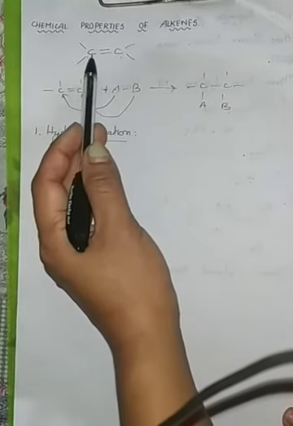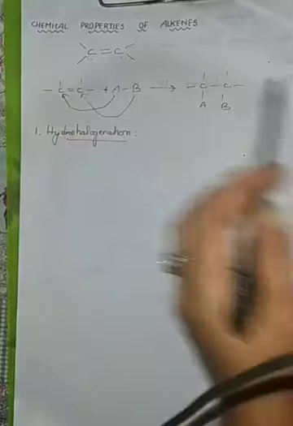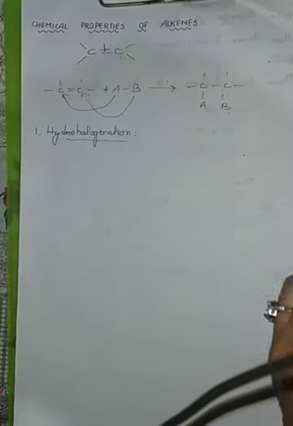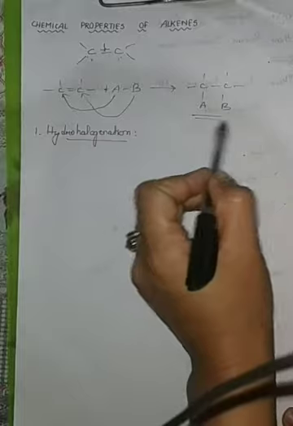This means one hydrogen and one halogen atom are added to the carbon-to-carbon double bond, which makes it clear that one of the pi bonds will break, and then the hydrogen and the halogen atom would be attached to the alkene molecule to form the product of this kind.